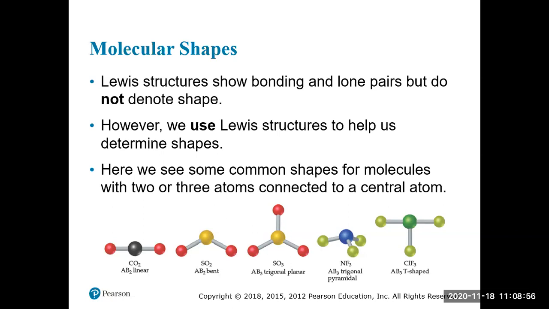And then we have a trigonal pyramidal. So it's still a triangle shape, but the central atom is raised a bit out of the plane of the other atoms. And then finally, a T-shaped arrangement. So what we're going to do today is talk about why we can have the same number of atoms attached, yet a different physical shape.